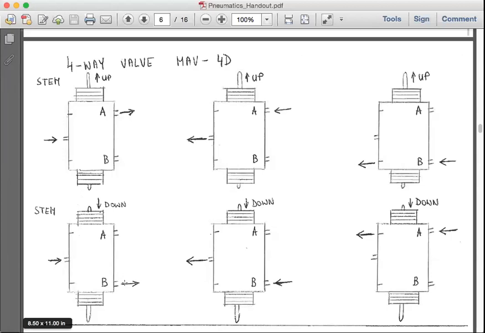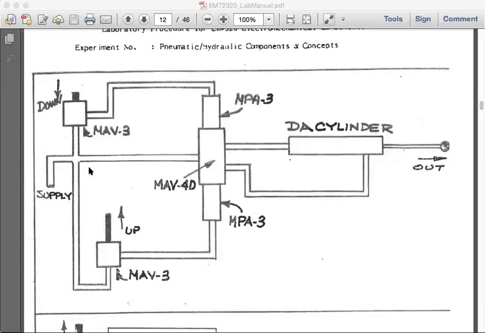So let's see on the diagram, how does it refer to our diagram, if that's what it is. You see, when we press down, the stem is down.